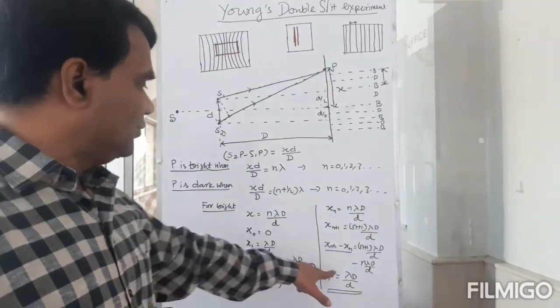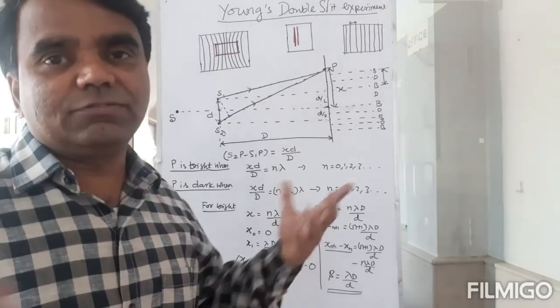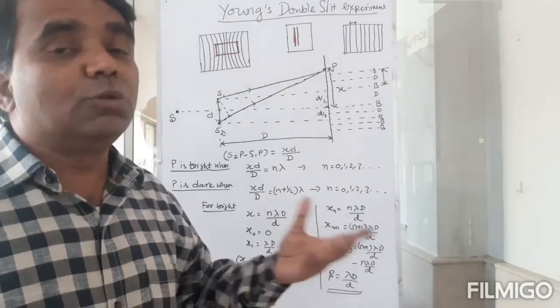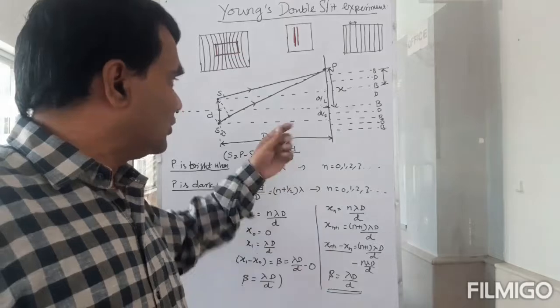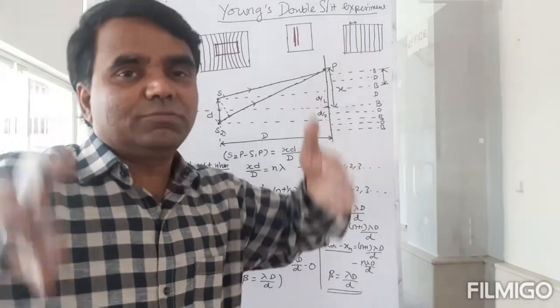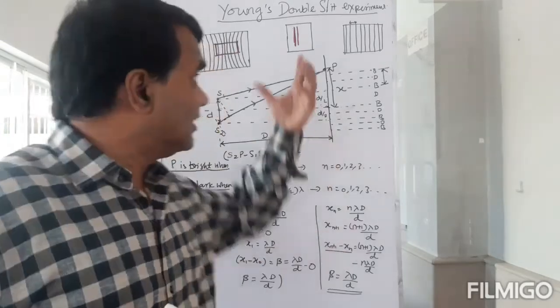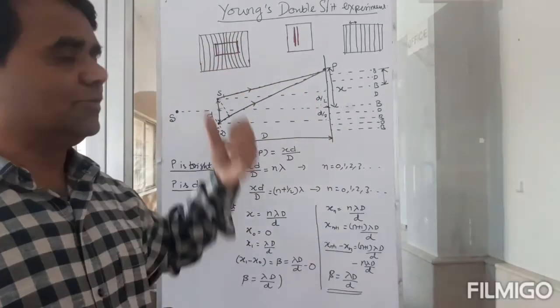And if you use a bigger lambda, if you use red light instead of blue light, then the spacing would be more. So the bandwidth would be more if you use red light for the same experiment.